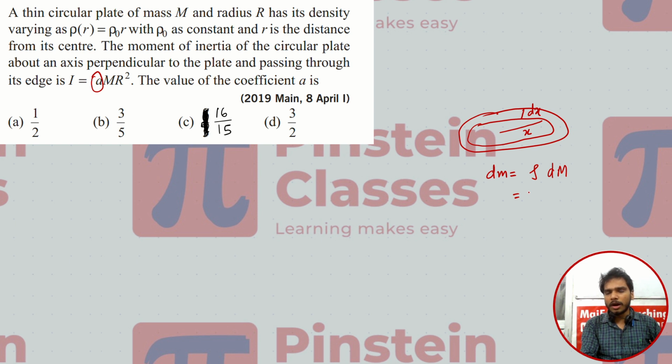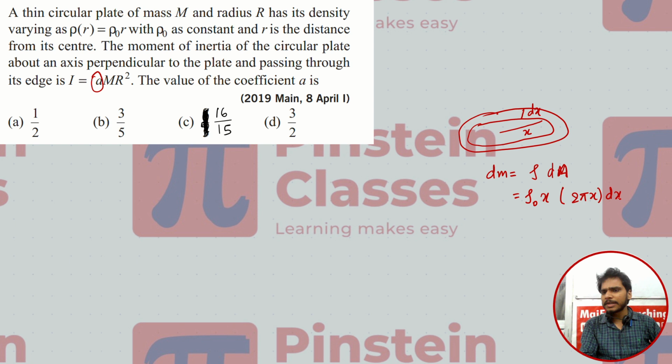So rho naught times x times 2 pi x times dx.